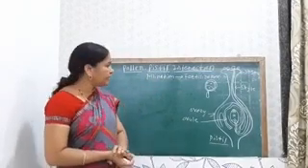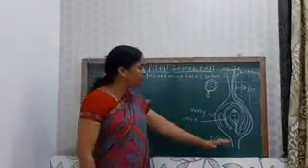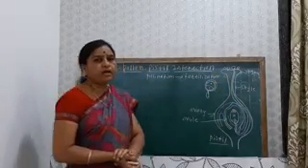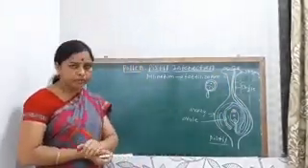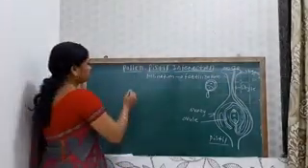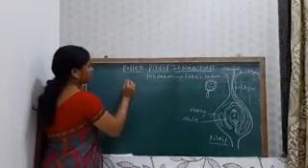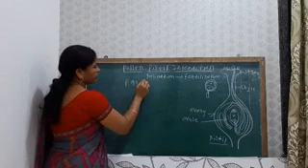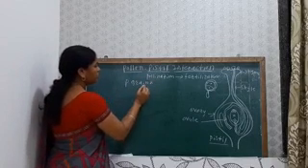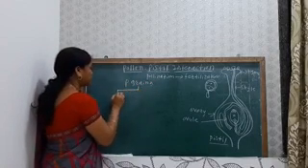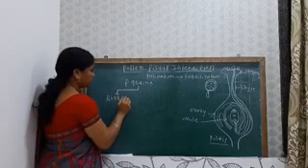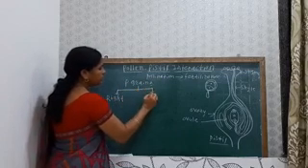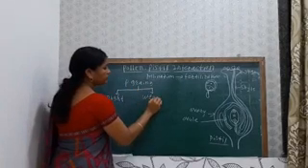Now see how the pistil recognizes the wrong type or the right type of pollen grain. These pollen grains are mainly of two types: one is the right type and another is the wrong type.